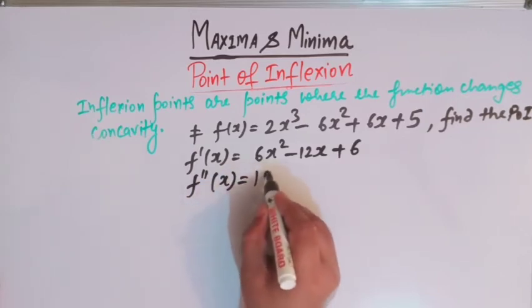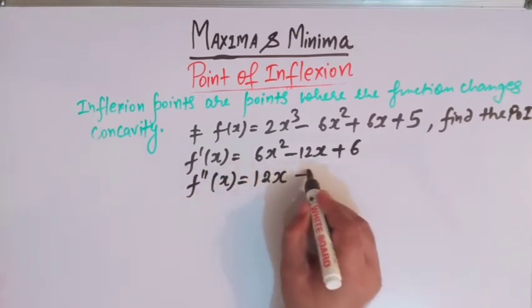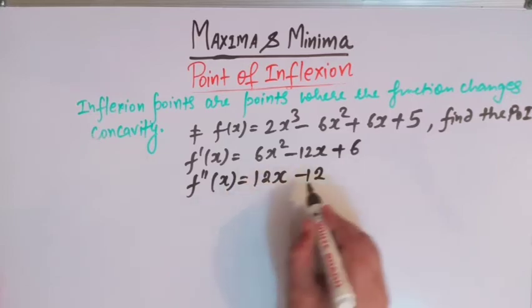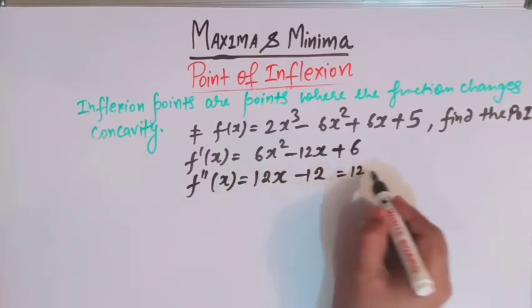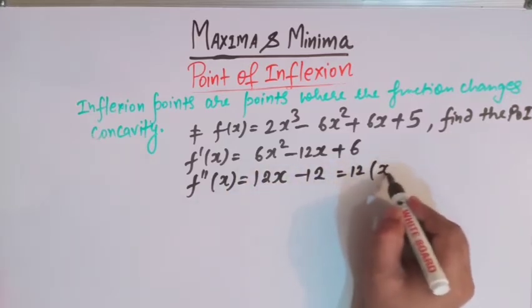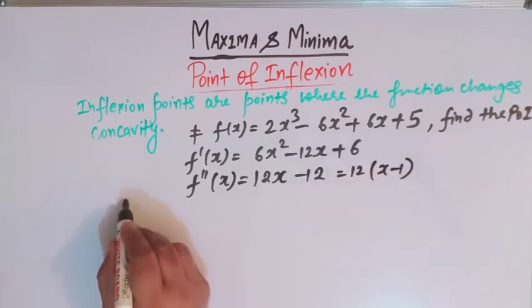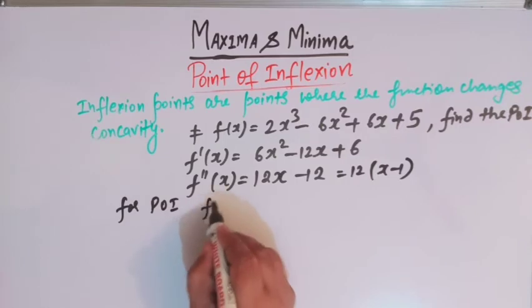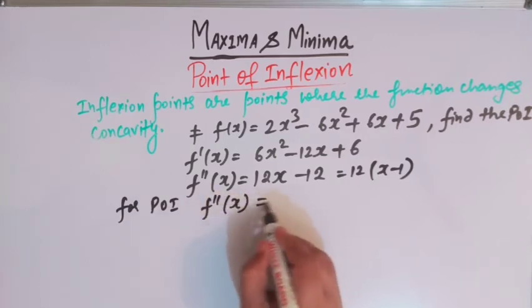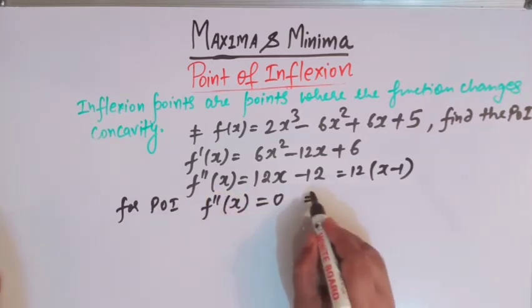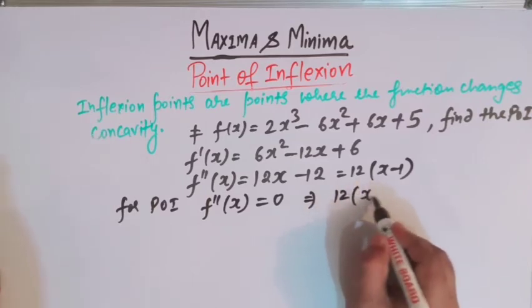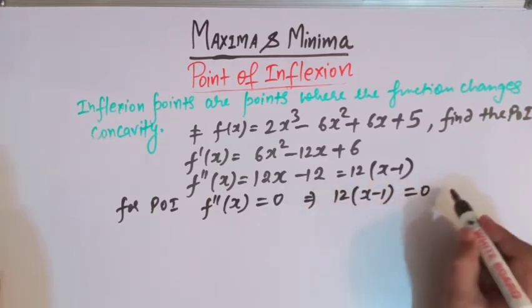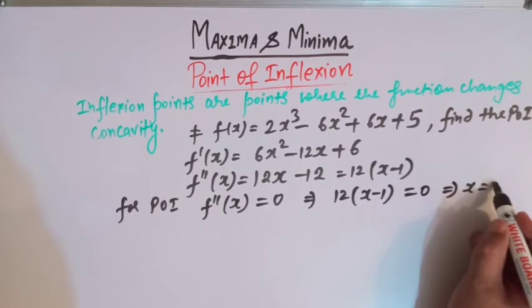It is 12x minus 12, and this can also be written as 12 times x minus 1. Now for the point of inflection, we will equate the second derivative to 0, and this implies that 12 times x minus 1 is equal to 0, and we get x equal to 1, right?